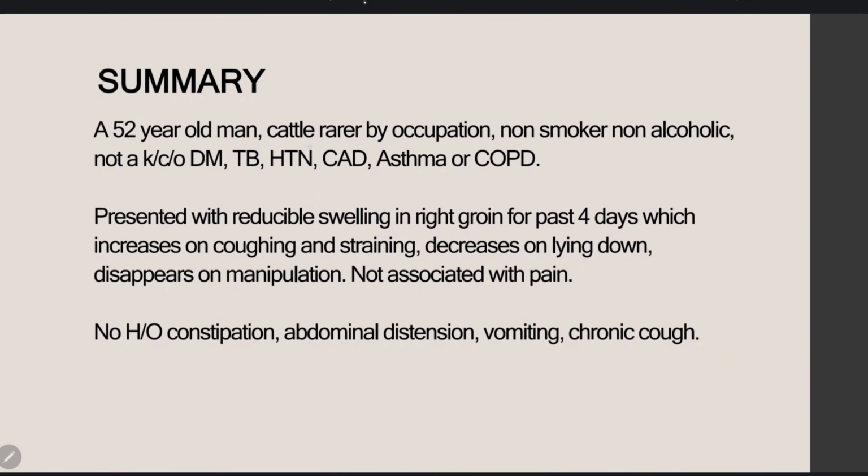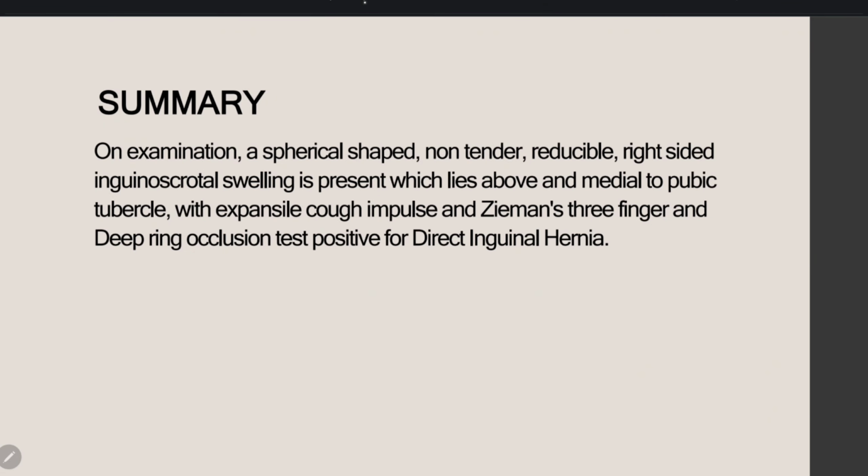Summary: a 52-year-old man, cattle rearer by occupation, non-smoker, non-alcoholic, not a known case of diabetes mellitus, TB, hypertension, CAD, asthma or COPD, presented with reducible swelling in the right groin for the past 4 days, which increases on coughing and straining, decreases on lying down, disappears on manipulation, not associated with pain, no history of constipation, abdominal distension, vomiting, chronic cough.